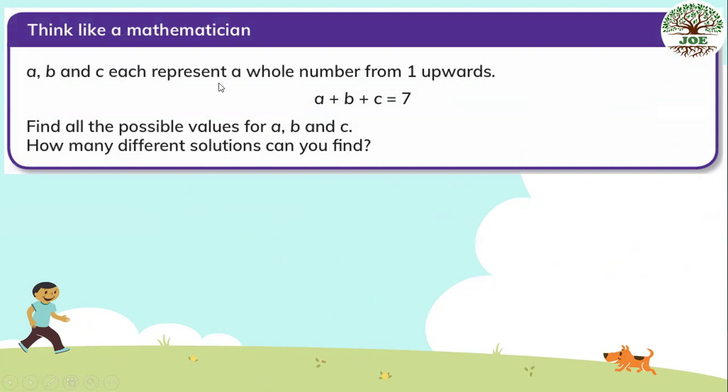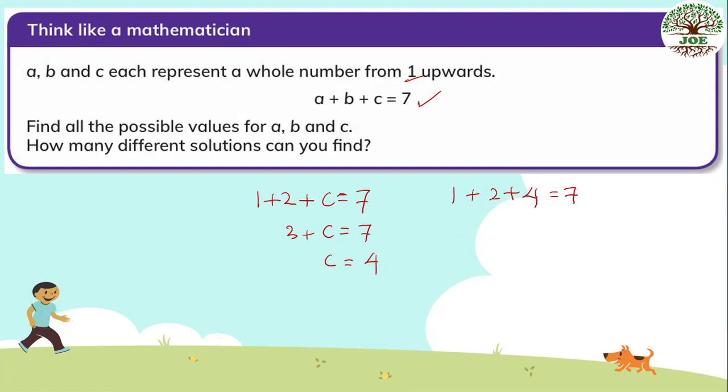Think like a mathematician. A, B, and C each represent a whole number from 1 upwards. So the sum of A plus B plus C is 7. Find all the possible values for A, B, and C. Okay, if A is 1, B is 2, and C is... 1 plus 2 is 3, plus C is 7. So C is 4. So 1 plus 2 plus 4 is 7.